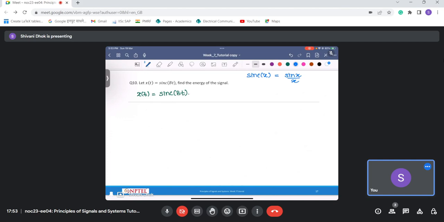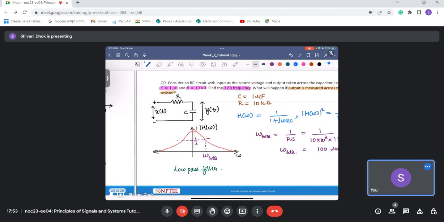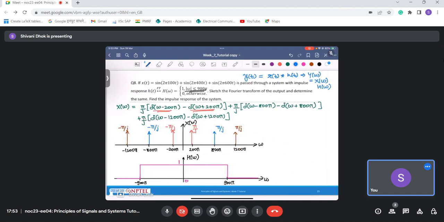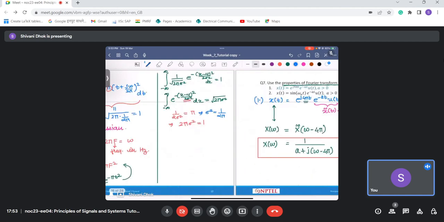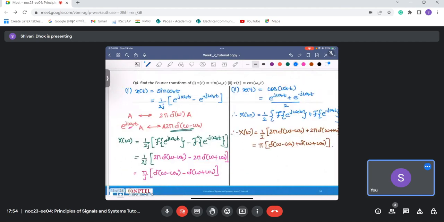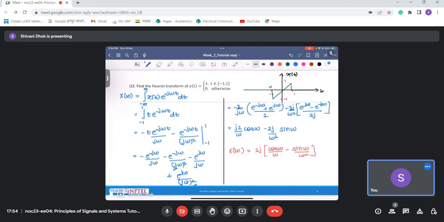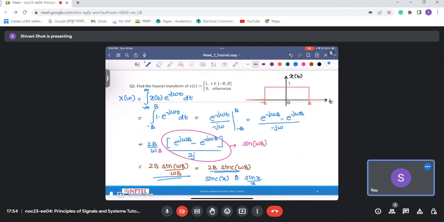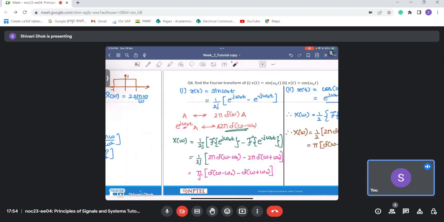For solving this, let us go to the question which we had seen very initially. If I am having a signal which looks something like this, then the Fourier transform of this is 2b sinc of omega b.